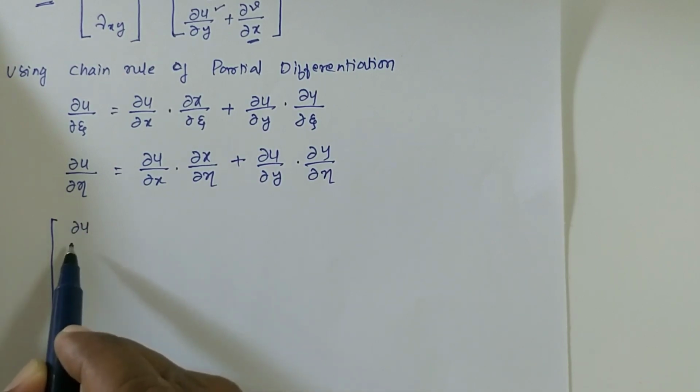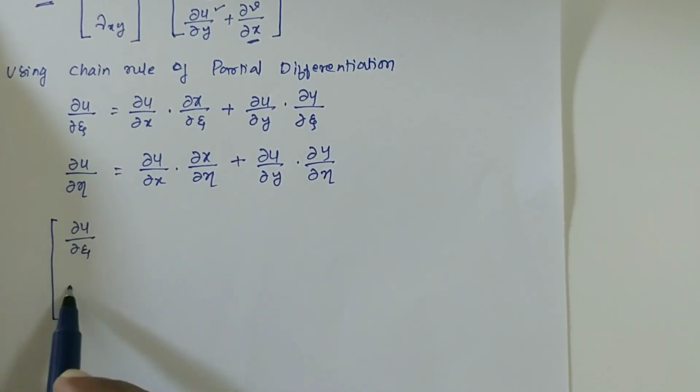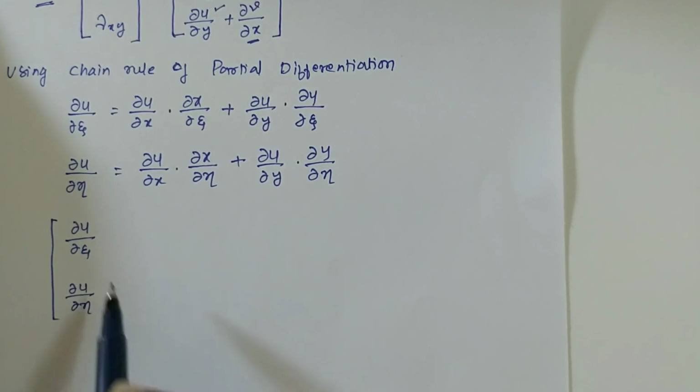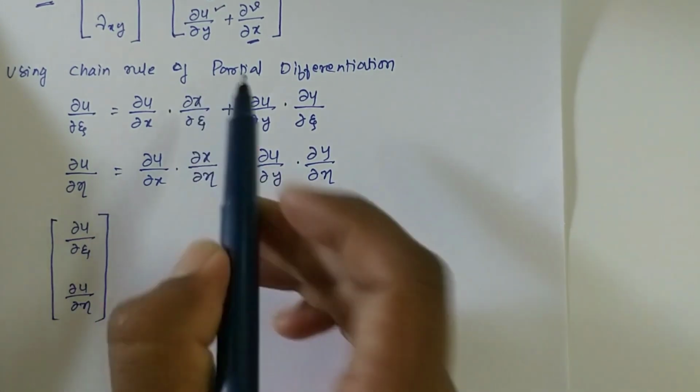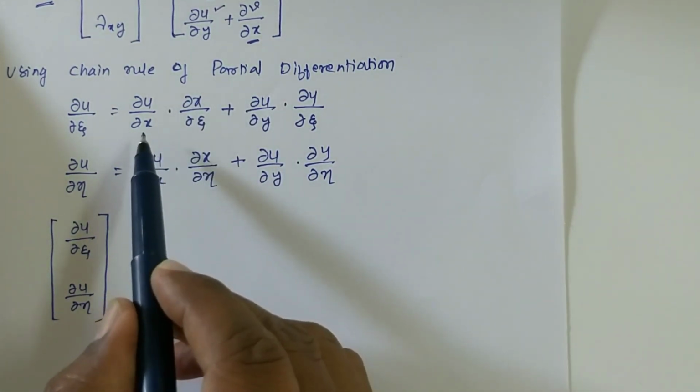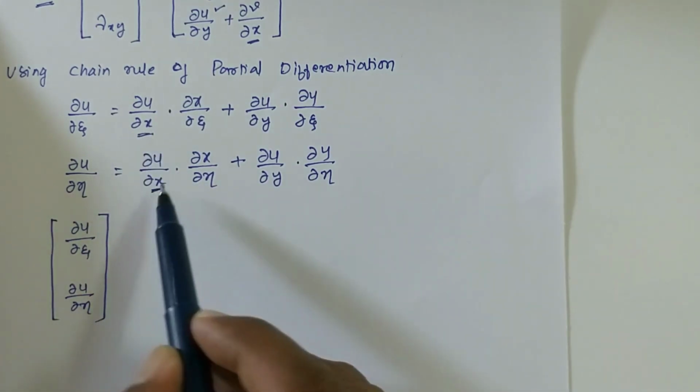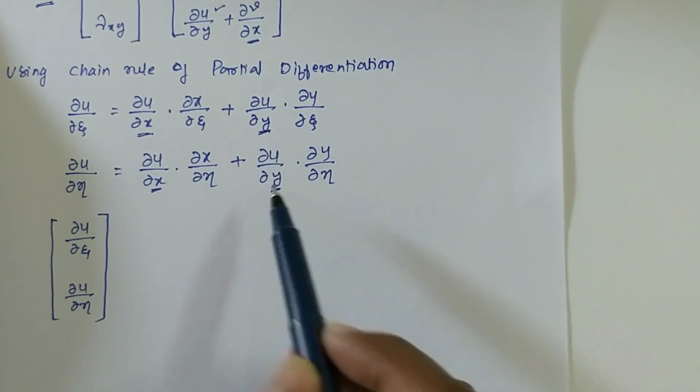dou u by dou zeta, dou u by dou eta. If we observe these two equations, dou u by dou x is common in these, and dou u by dou y is common in these.